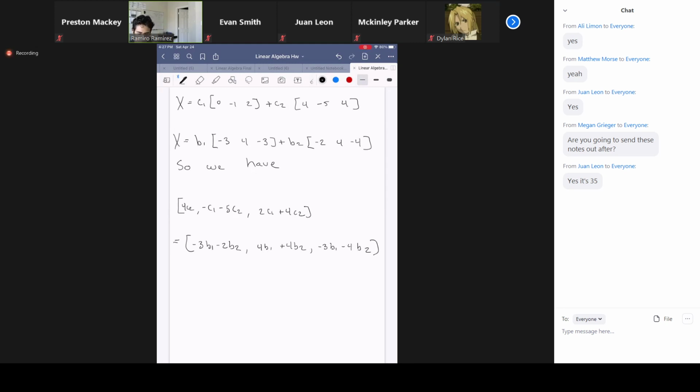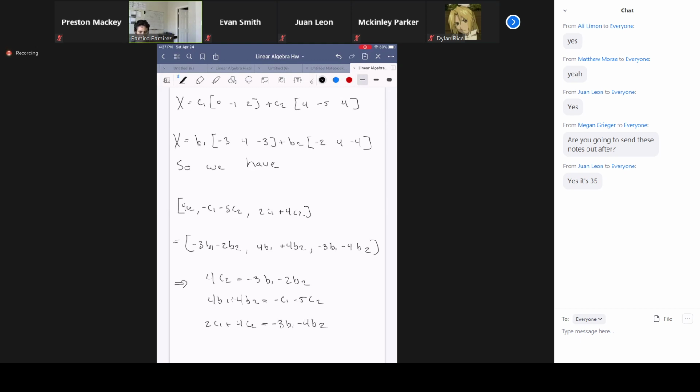So we're going to get the equations: 4C2 is equal to minus 3B1 minus 2B2. 4B1 plus 4B2 is going to equal minus C1 minus 5C2. And then 2C1 plus 4C2 is going to equal minus 3B1 minus 4B2. Okay.